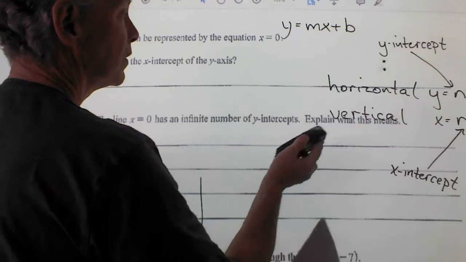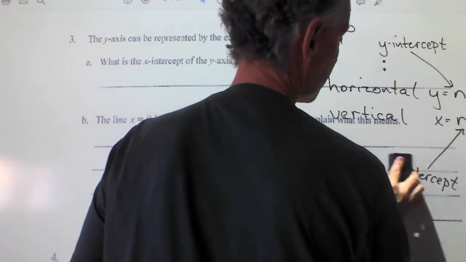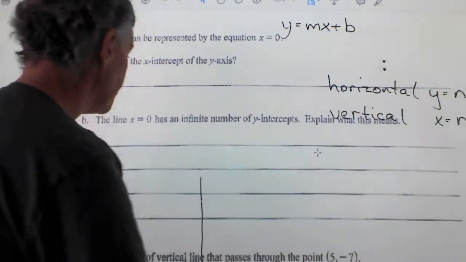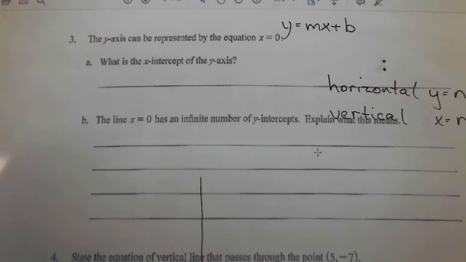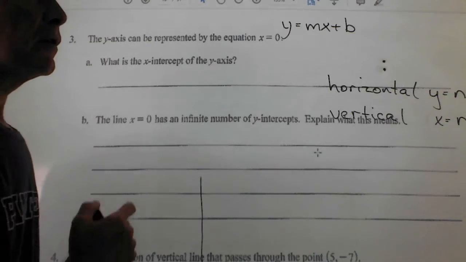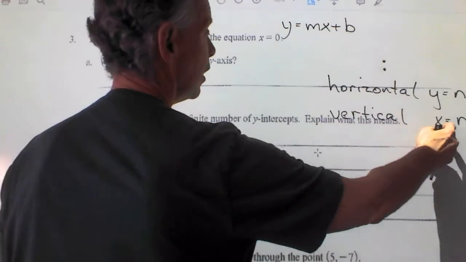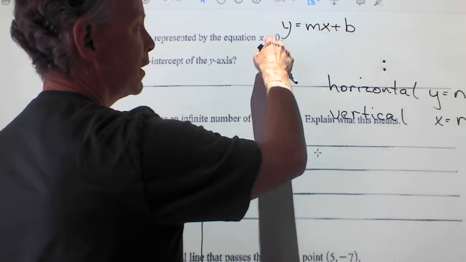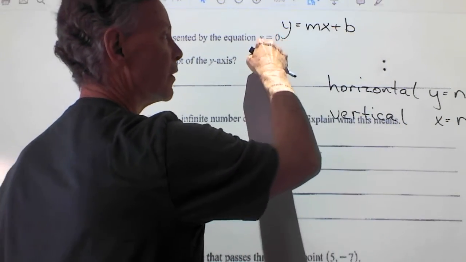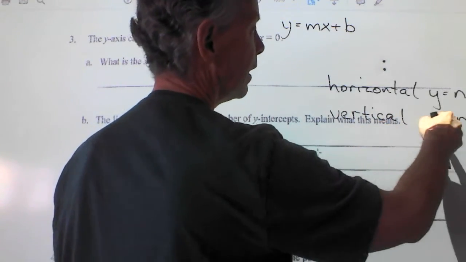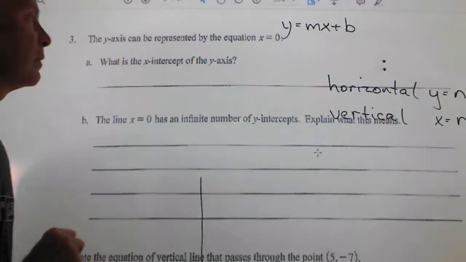So it says, let's just get rid of some of this. It says the y-axis can be represented by the equation x equals 0. So again, remember, we have an equation with only one variable. That variable is x, so that's giving us a vertical line and telling us the x-intercept. Okay?